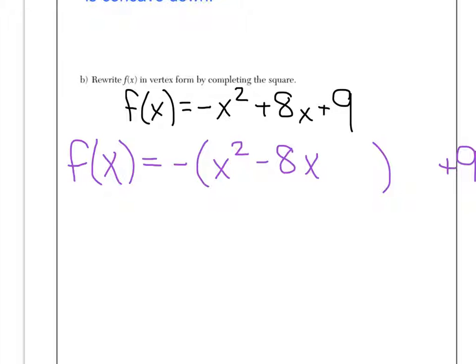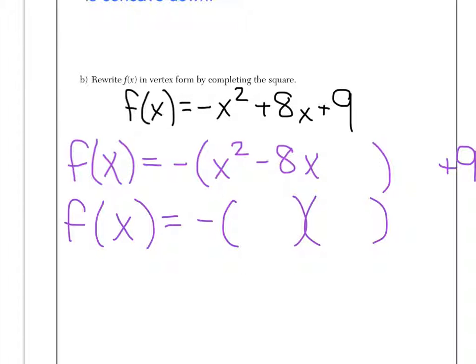Okay, next, I need to complete the square of this piece here. Remember, when I complete the square, and definitely do not forget that negative out in front, I want two numbers that add to -8, are the same exact number, and multiply to, well, lucky us, we get to pick it. So we do this by taking half of -8, which is -4.